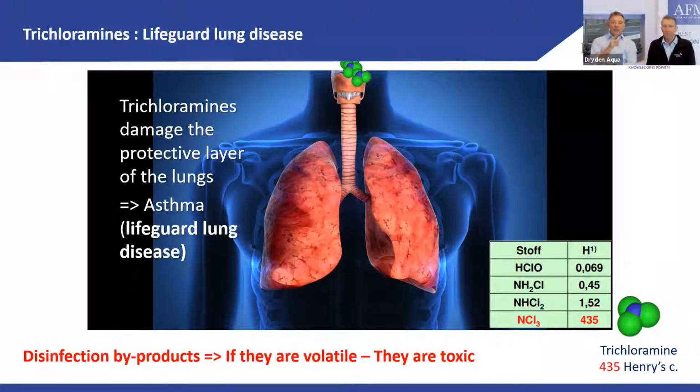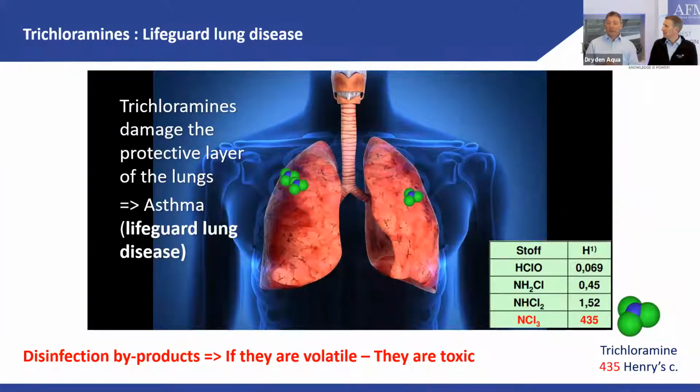Maybe on trichloramine, it's really this what you're smelling, because it's volatile. You see this here in the Henry constant, 435. The higher the number, the more volatile it is, the easier it is for this gas to get out of the water. If we come into an indoor pool, usually people smell it and say, there is a lot of chlorine, and they think it's in the water.